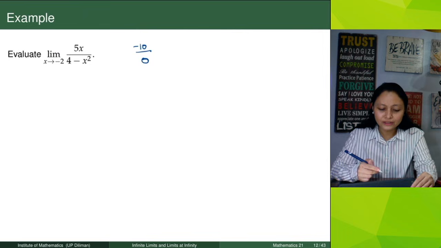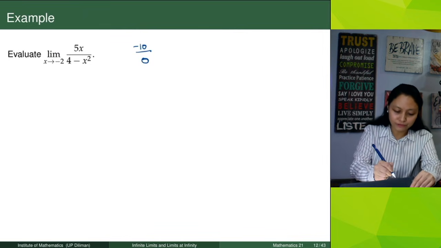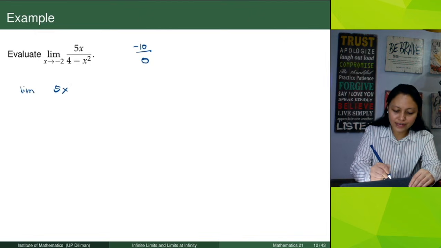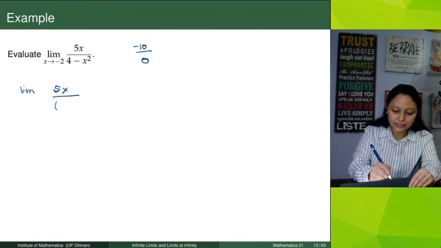To better see how you're approaching 0, it will be helpful if you get the factors of the denominator. In this case, 4 minus x squared equals 2 minus x times 2 plus x.